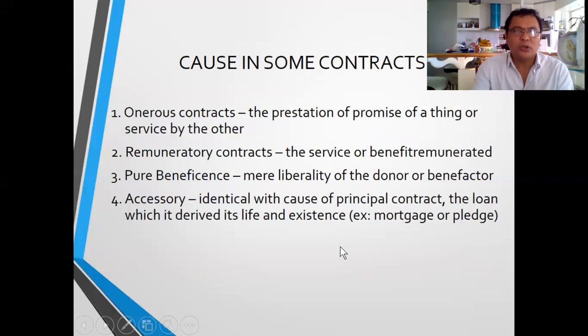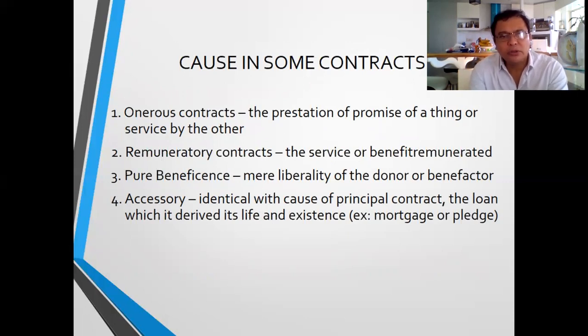Now these are the different causes in some contracts. There could be onerous contracts. So in onerous contracts, the cause is the prestation or the promise of a thing or service by the other. So that is onerous contracts. If it is remuneratory contracts, meaning service, like a contract of employment, the cause there is the service or the benefit that the other one gets, which is being remunerated or paid.